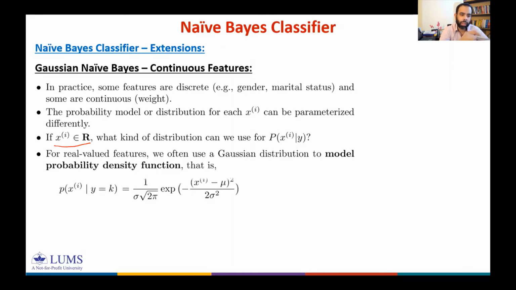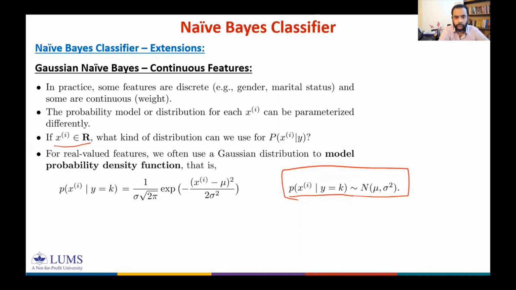And we know that this is what the PDF of a Gaussian distribution is. We simply assume that the probability of xi given y equals k follows a Gaussian distribution. It's a likelihood function, and the likelihood function follows a Gaussian distribution.